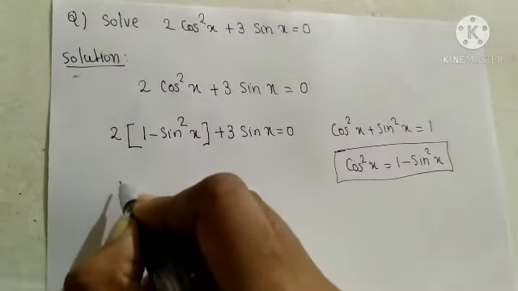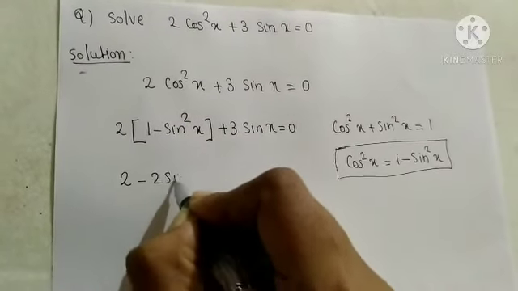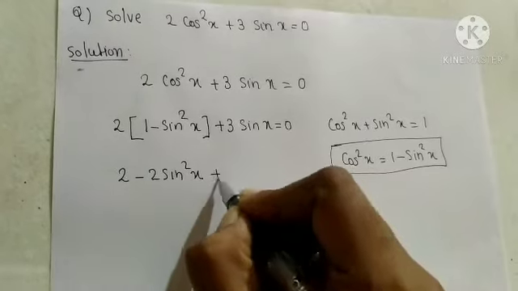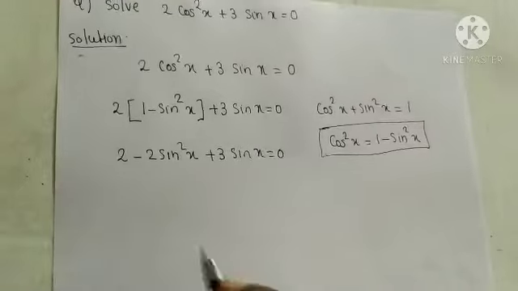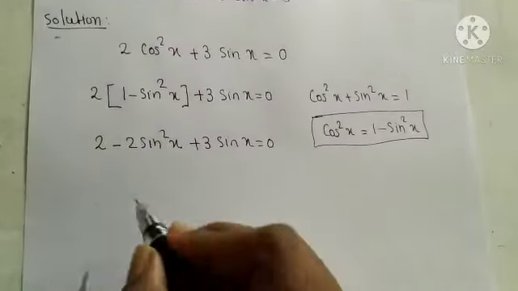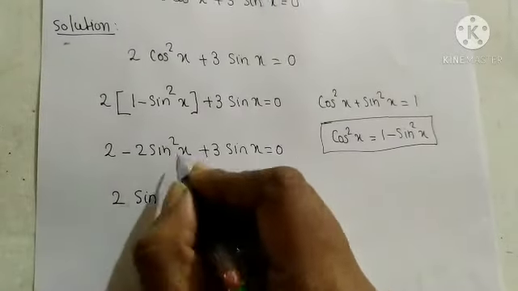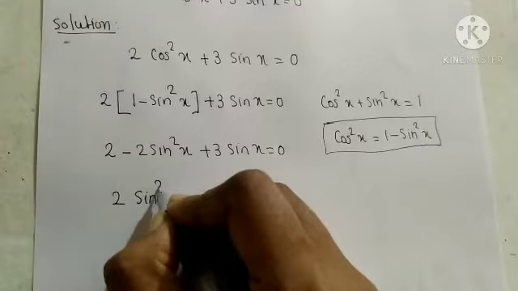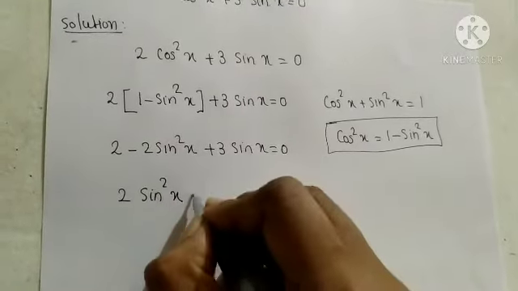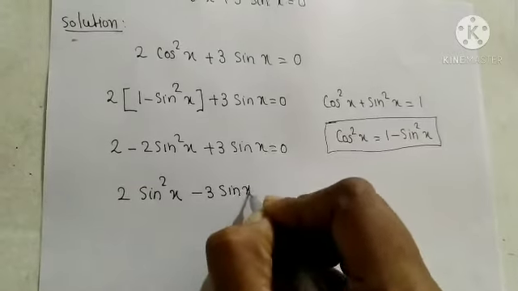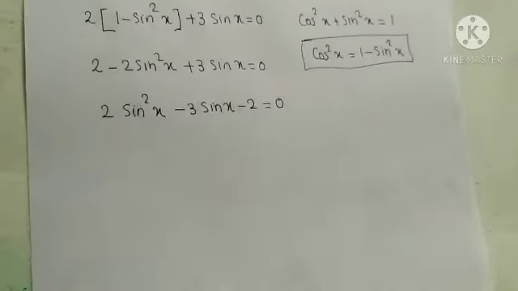Open this bracket. The next step will be 2 minus 2 sin²x plus 3 sin x equals 0. Next I am going to take the whole term to the RHS. So minus 2 sin²x becomes plus sin²x, plus 3 sin x becomes minus 3 sin x, plus 2 becomes minus 2, equals 0.